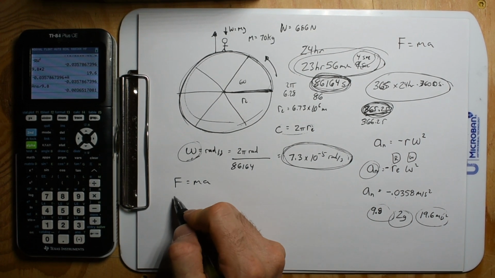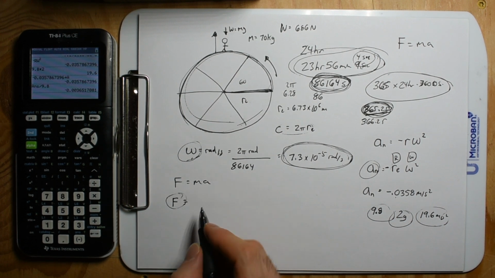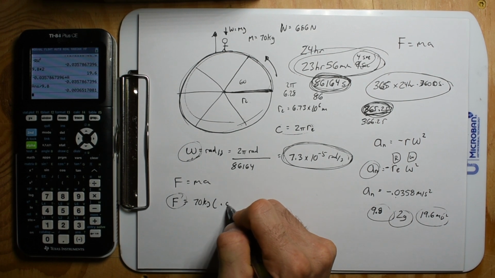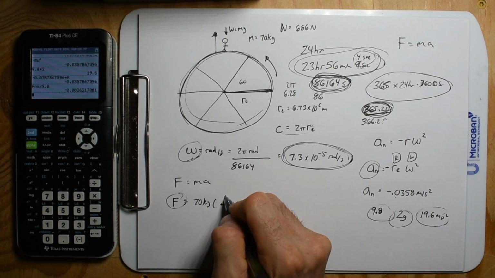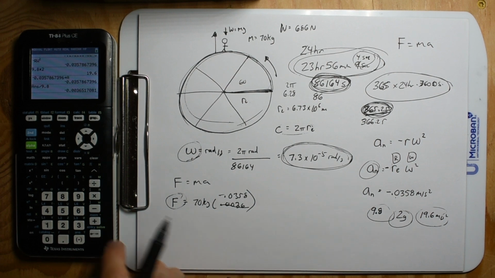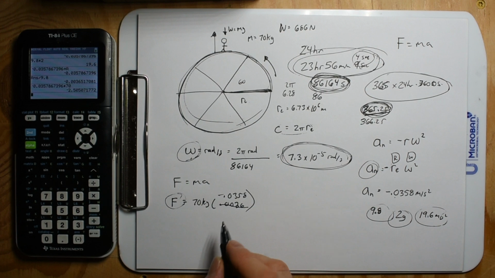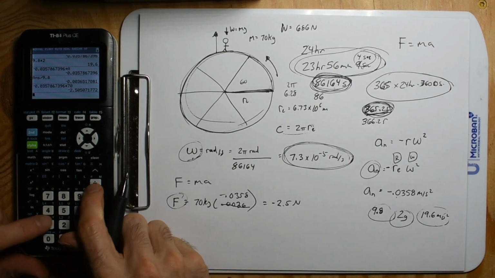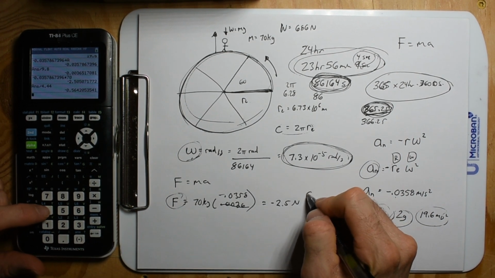The force that maybe you're getting flung off with is your mass, 70 kilograms, times that 0.0358, my apologies, times 70. And so we get a force of negative 2.5 newtons, and divided by 4.44, this is half a pound, so 8 ounces.